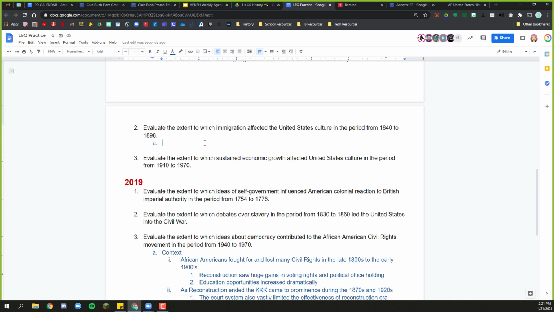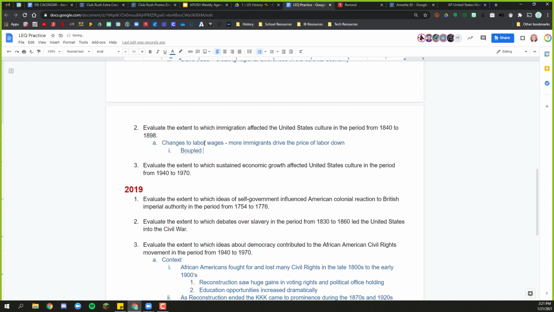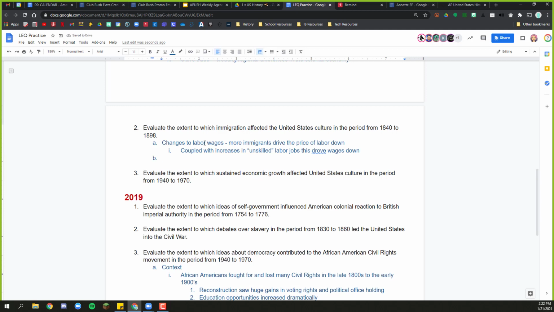Alright, so I want to talk about... So one of the things I would talk about with this one is the change in labor wages.